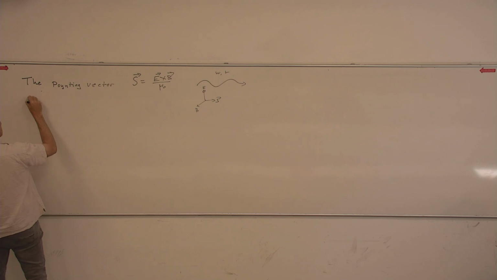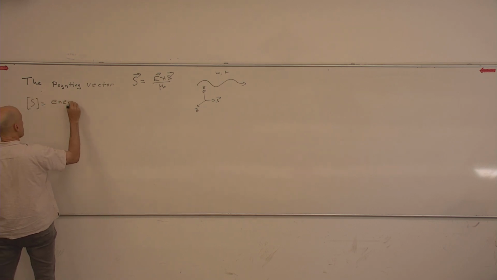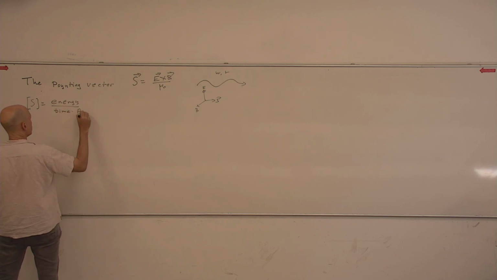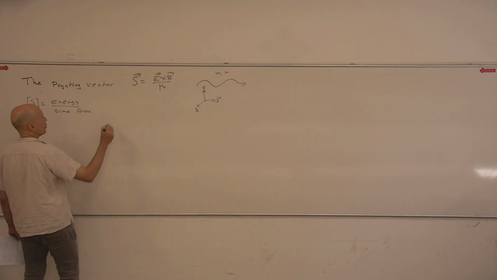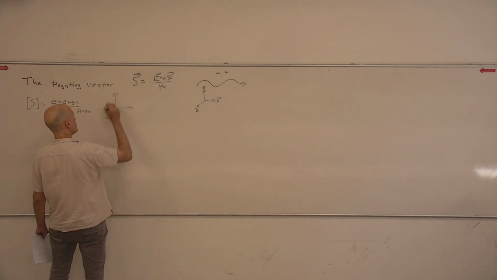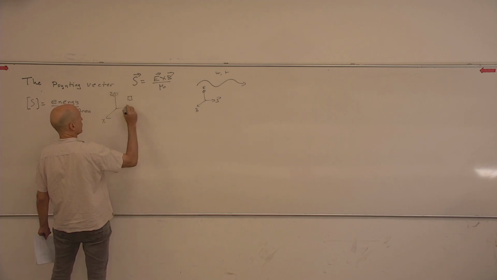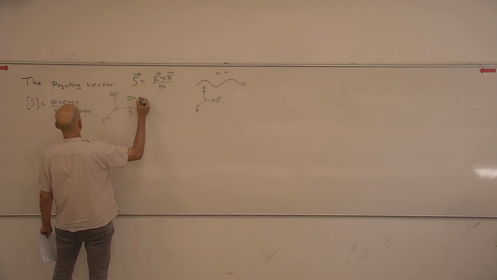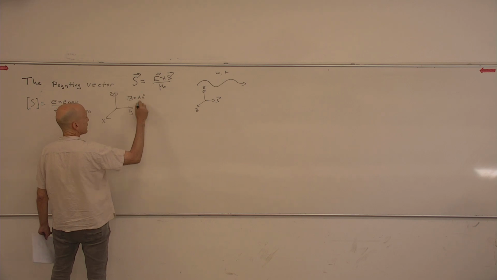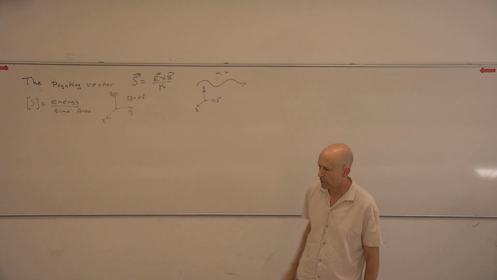S, from the point of view of units, is energy, for example in joules, per unit time, per unit area. So we have some coordinate system x, y, z, and here some dA. Sometimes they call it dS, but S is the Poynting vector, so I'll call it dA.